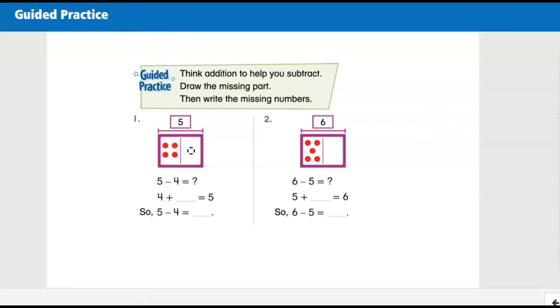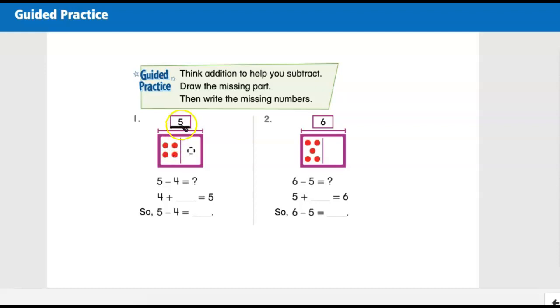On number 1, we can see that our whole is 5, so our total number is 5. If we look at how many counters we have, how many red counters? We have 1, 2, 3, 4.